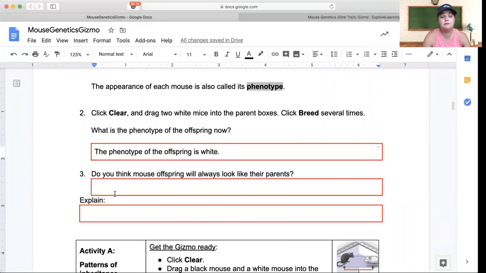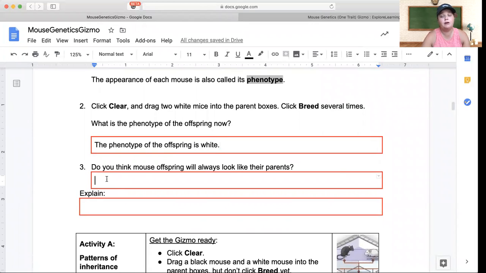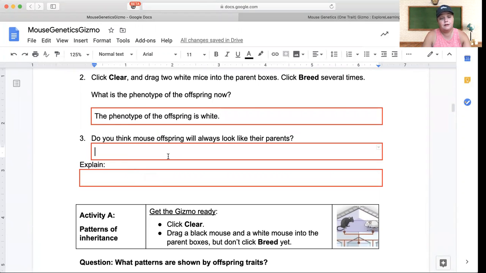Do you think mouse offspring will always look like their parents? This is your opinion. So do you think that if it's a black parent, it will always have black mice? If it's a white parent, it will always have white mice? What do you think? And then explain your answer as to why you think that. So I might say, yes, they will always look like their parents.